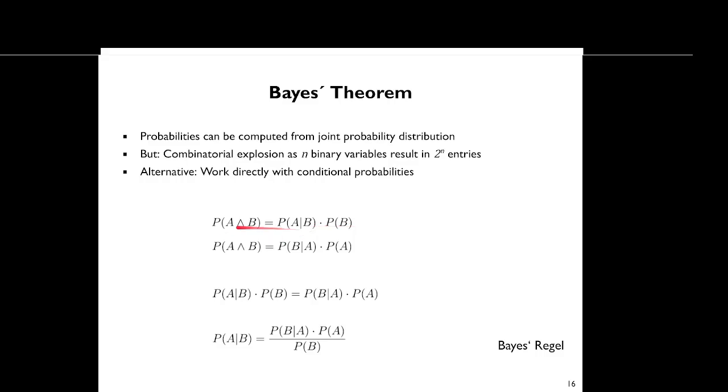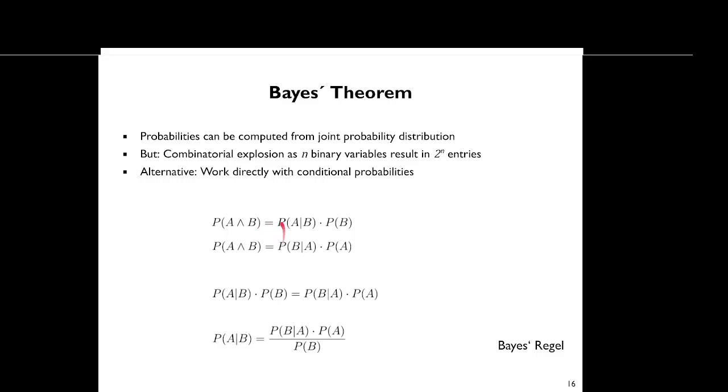So we have related A and B to the conditional probability of A given B times probability of B. We can do the same the other way around for the conditional probability of B given A, and then we have two different definitions of the likelihood of A and B.